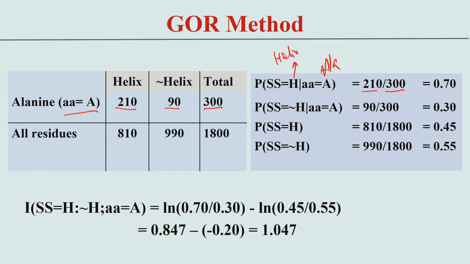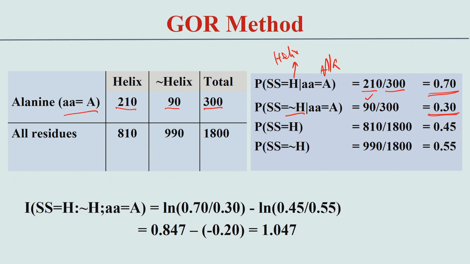So, you can calculate the ratio, this will be 0.7. Then you can see the same residue alanine which is not in helix, this is the negation. How many alanines are not in helix? 90, right. So, 90 divided by the total 300 residues gives the probability of alanine not in helix, that is 0.3.